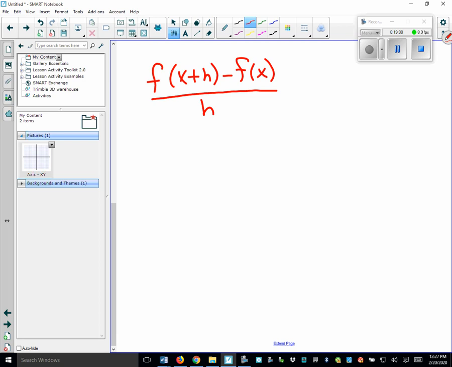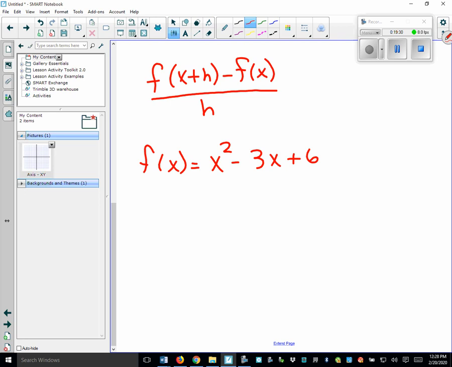This is given to you on the test, but you have to know how to use it. All right? So if I ask you for this function, can you find the difference quotient?